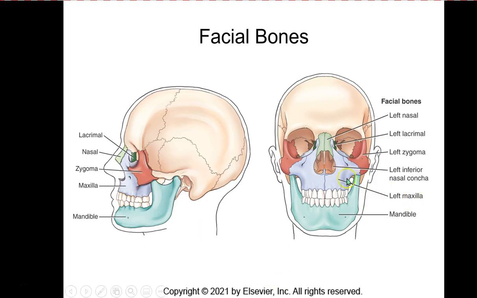So we have 2 maxilla, 2 zygomatic bones, 2 lacrimal bones, which is the dark green, 2 nasal bones, which is the light green, 2 inferior nasal concha, which are here in a light brown color, 2 palatine bones, which again we can't see because they're internal, 1 vomer, which again we can't see, and 1 mandible. And of course that is that teal color here. So in this lecture, we're going to discuss specifics of each of these different facial bones.